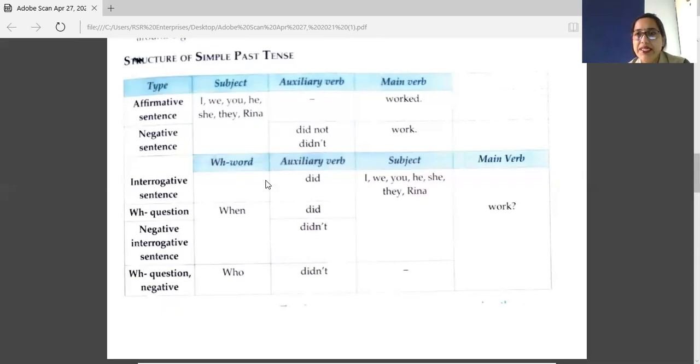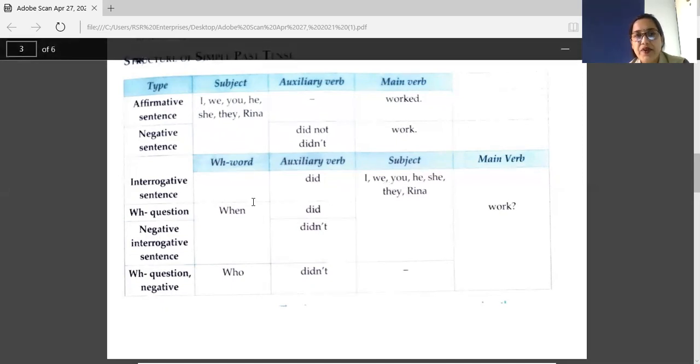Now we have interrogative sentences using WH word. When, that is WH word. With that auxiliary verb did, then you have to use subject, any singular or plural. You can write any subject there. When did they work, or when did Rina work? When did we work or I work?